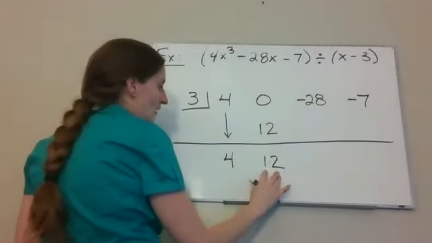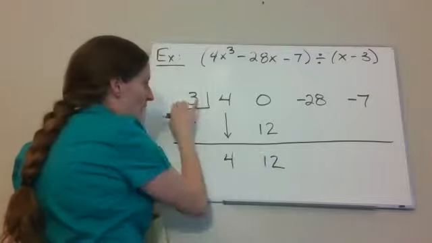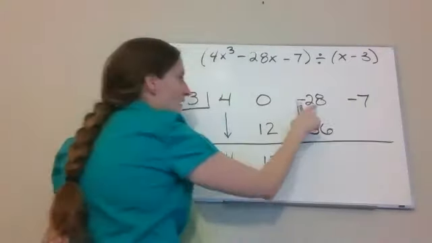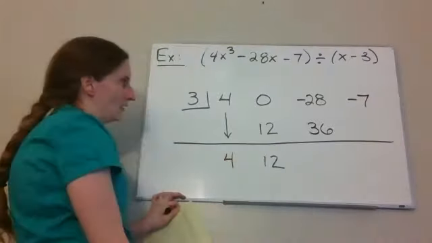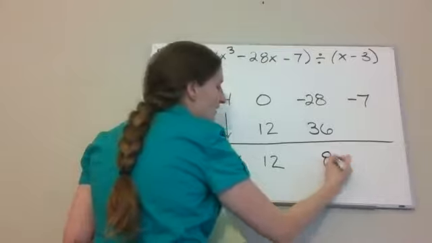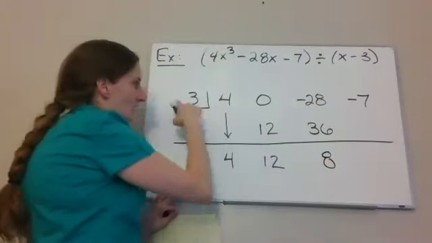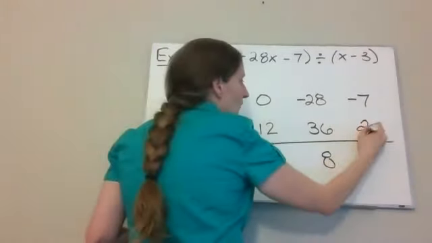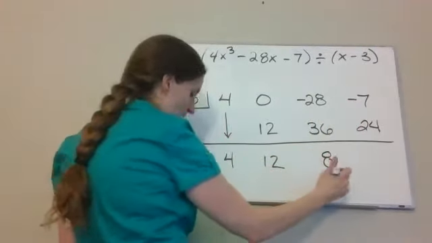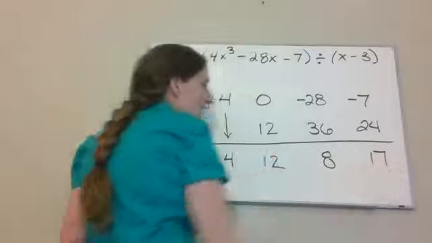The number down here times c, 12 times 3 is 36. And then you add the column. Negative 28 plus 36 is 8. 8 times 3 is 24. Negative 7 plus 24 is 17. And now we're done.